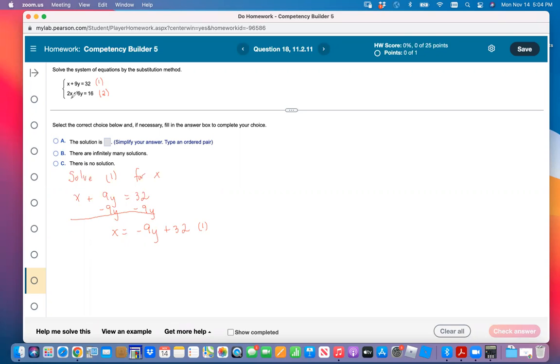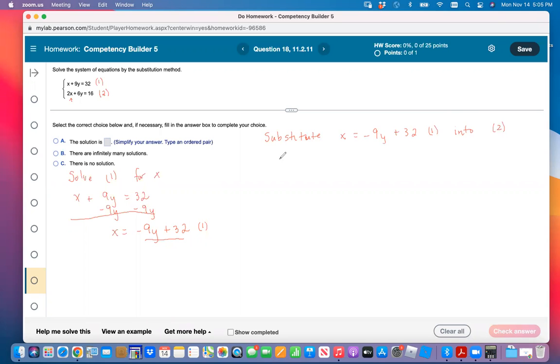So where I see x in this equation, I'm going to substitute in this statement, negative 9y plus 32. All right, so I'm going to substitute x is equal to negative 9y plus 32, which is equation 1, into equation 2.